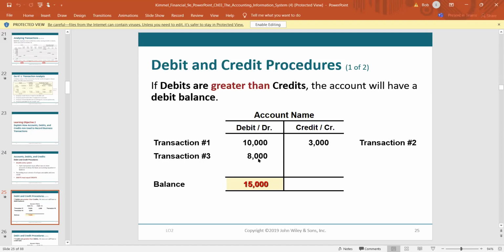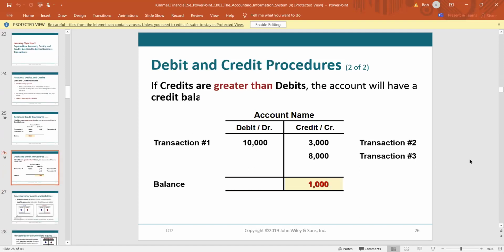You add all the activity down on the debit side, and you subtract the activity on the credit side, and you're going to come up with a balance of, in this case, 15,000 debit. It could have been 15,000 credit, depending on what the account is. So debits and credits left and right, just to get us started. If credits are greater than debit, you end up with a credit balance. So this shouldn't be too hard. We have a debit of 10 and credits of 11. So we now have a credit balance in whatever account that is.